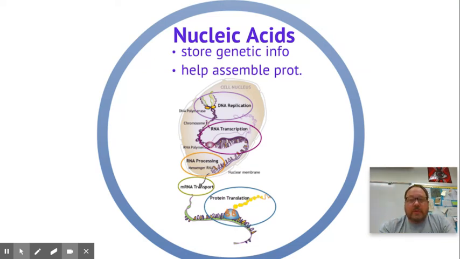You even see this playing out in the nutrition labels on packages of food. If you look at a nutrition label, it's basically listing some of the macromolecules. It tells you what the carbohydrate content of that food package is. It tells you what the lipid content is. It tells you what the protein content is.